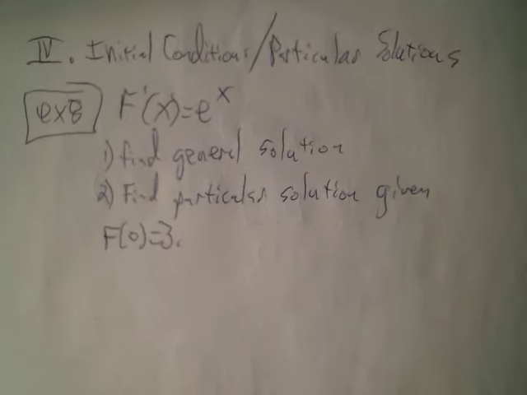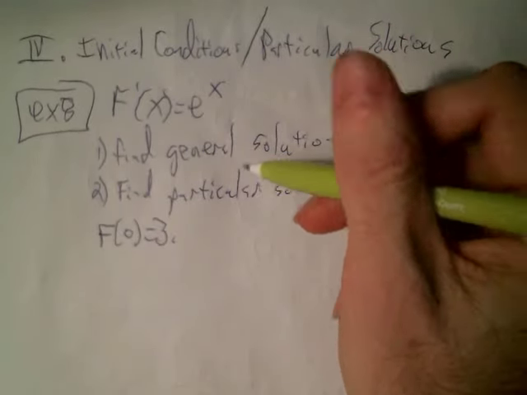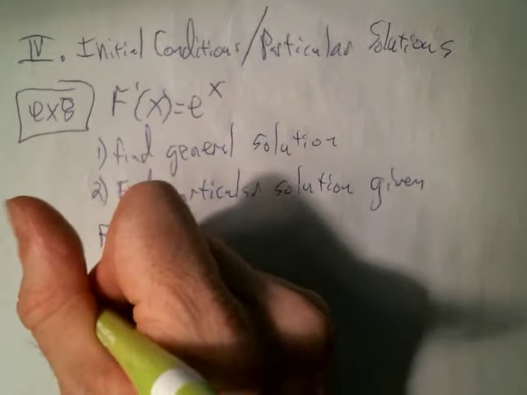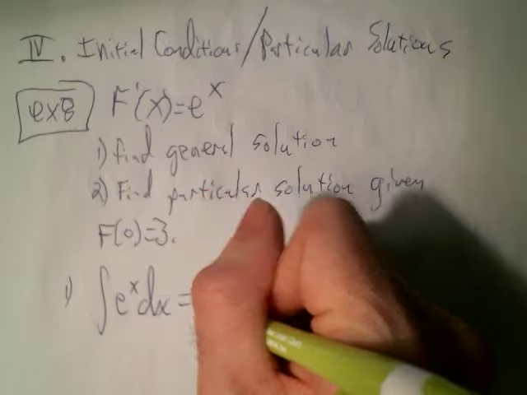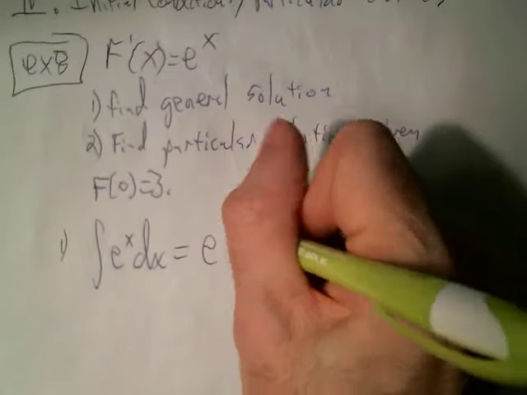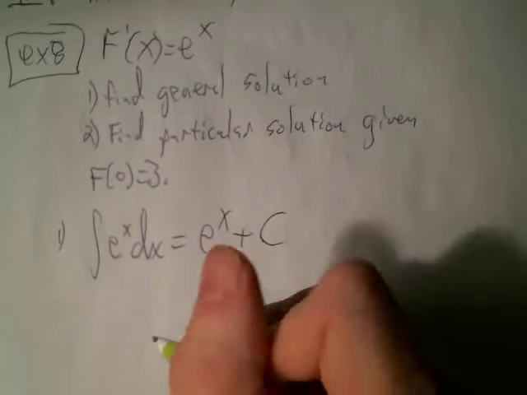Okay, so let's go at it. First, get the general solution. That's just taking the antiderivative. The integral of e to the x is just e to the x plus a constant.